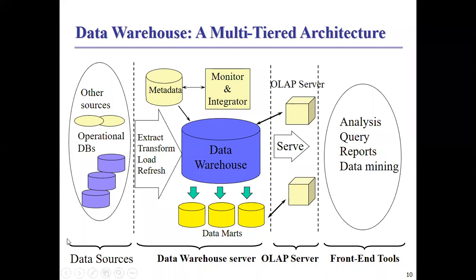Now go into the bottom tier, or third tier, which is nothing but a combination of the data sources and the data warehouse server. What do you mean by data sources? In the very first class I taught, if you remember, the data warehouse is an integration of heterogeneous data sources.